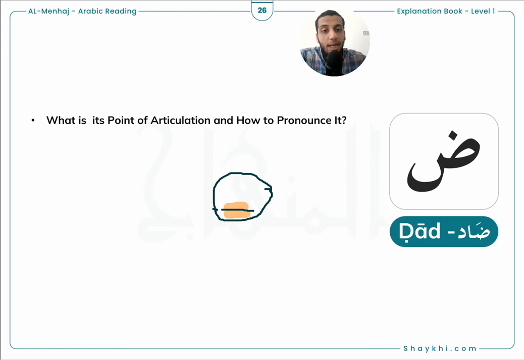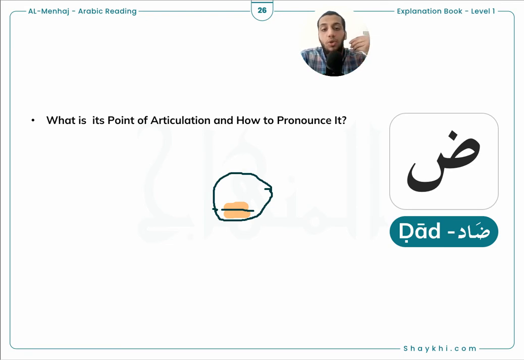In Surah Al-Fatiha, Allah subhanahu wa ta'ala says وَلَا الضَّالِّينَ.